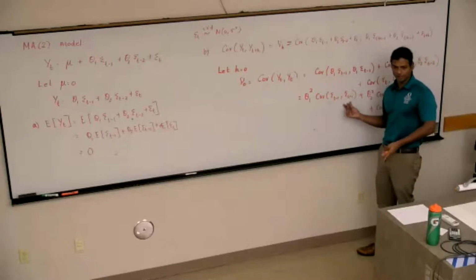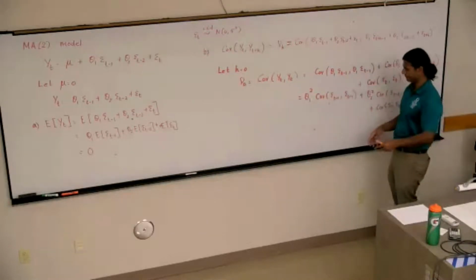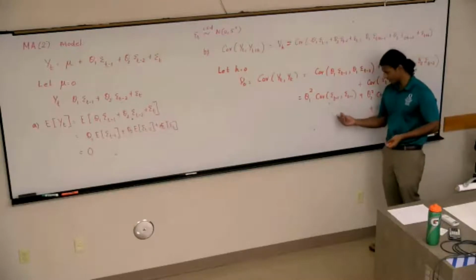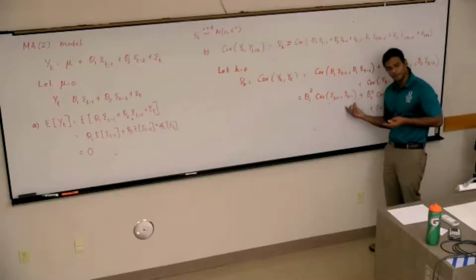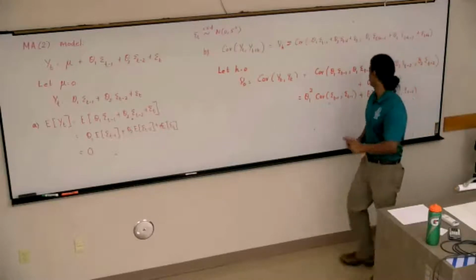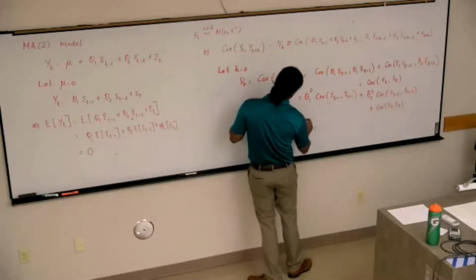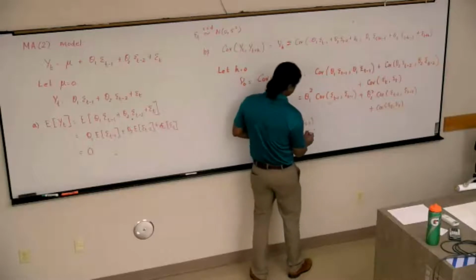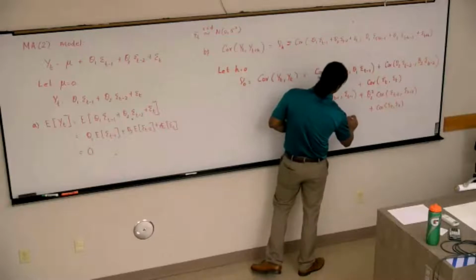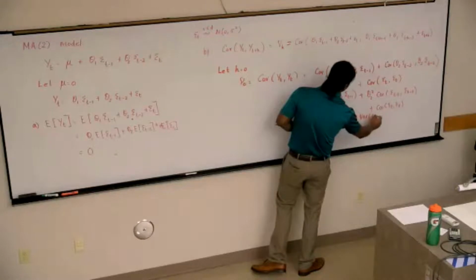So what is covariance of epsilon t, comma epsilon t? That's the variance of epsilon t. Same arguments that were made with respect to y t. If I change t to t minus 1, covariance of epsilon t minus 1, epsilon t minus 1 will still be the variance of epsilon t. So theta 1 squared variance of epsilon t minus 1, theta 2 squared variance of epsilon t minus 2, and the last one is variance of epsilon t.